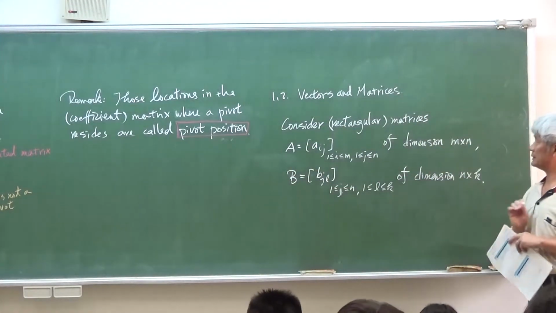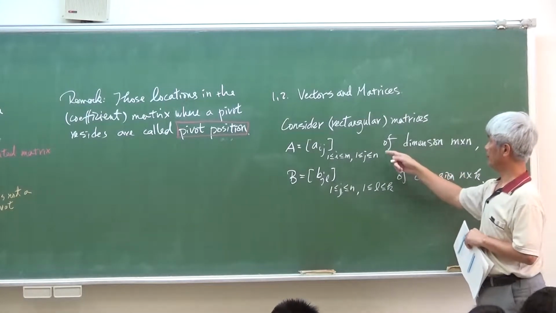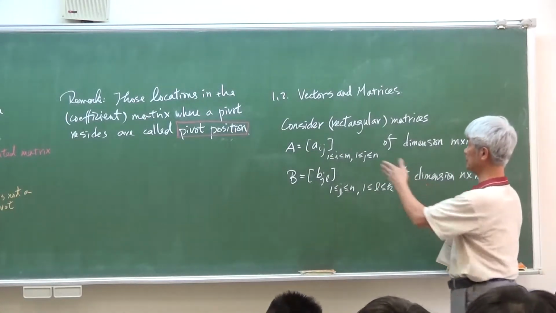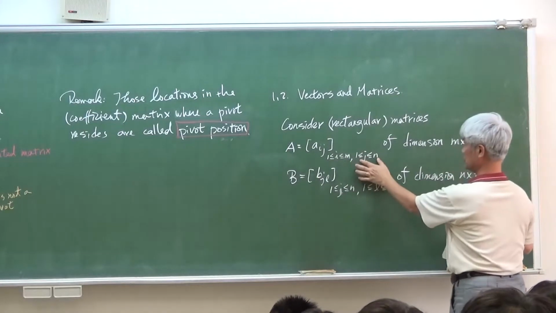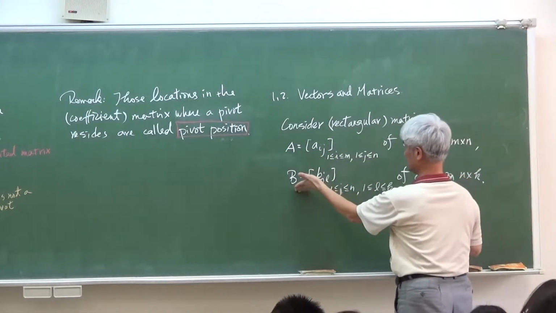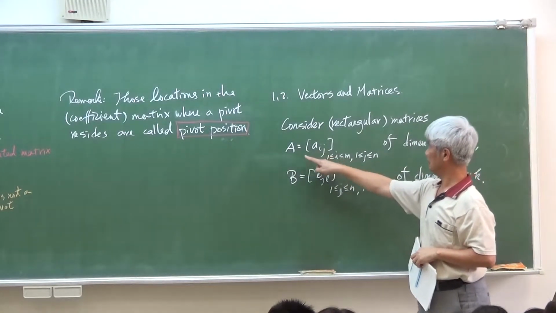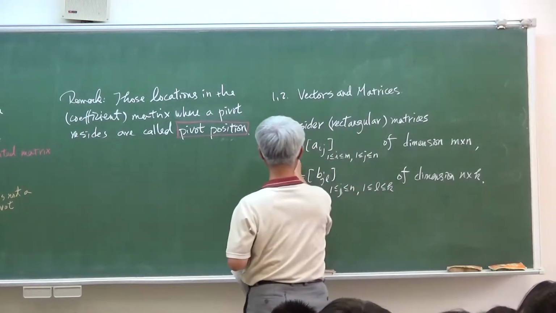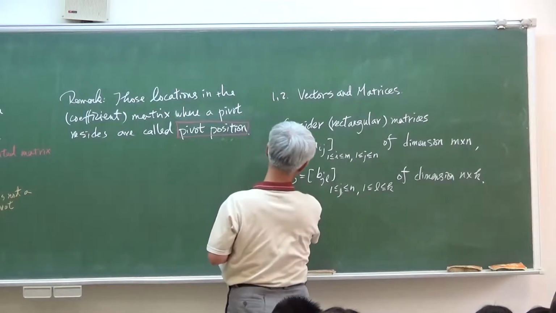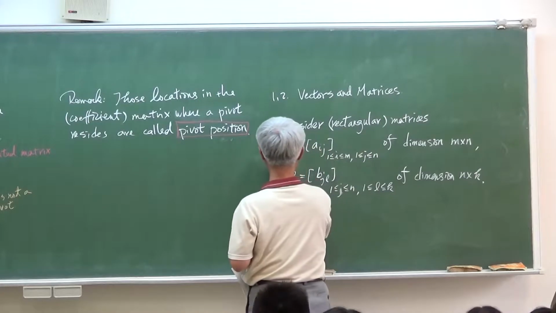Right, so we consider two rectangular matrices. They may have different dimensions, but the number of columns, which is n of A, is equal to the number of rows of B. Sometimes we write the dimension of the rectangular matrix in the corner at the left-hand side.